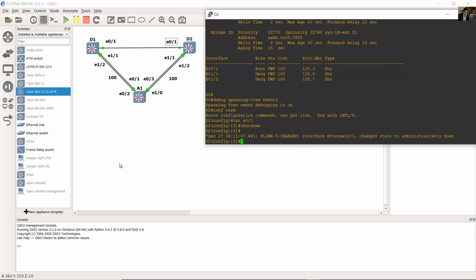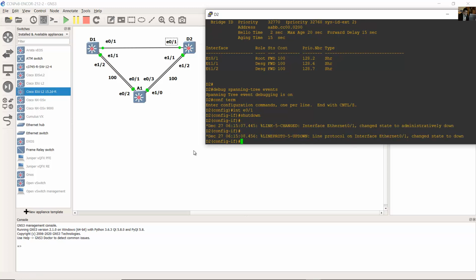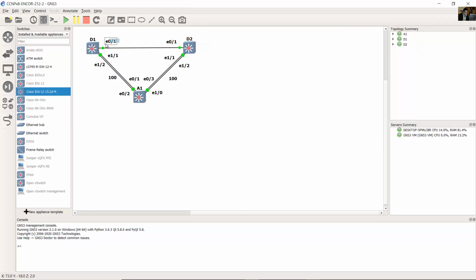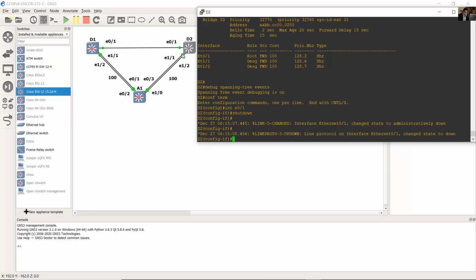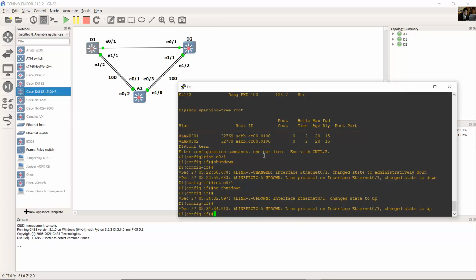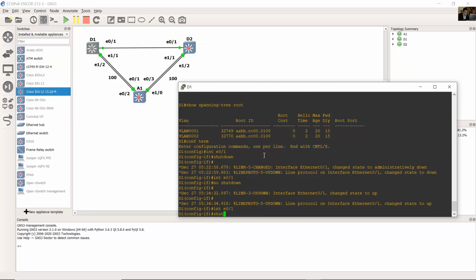And to be sure, go to D1 and shut down Ethernet 01 also. D1, interface Ethernet 01, shutdown.